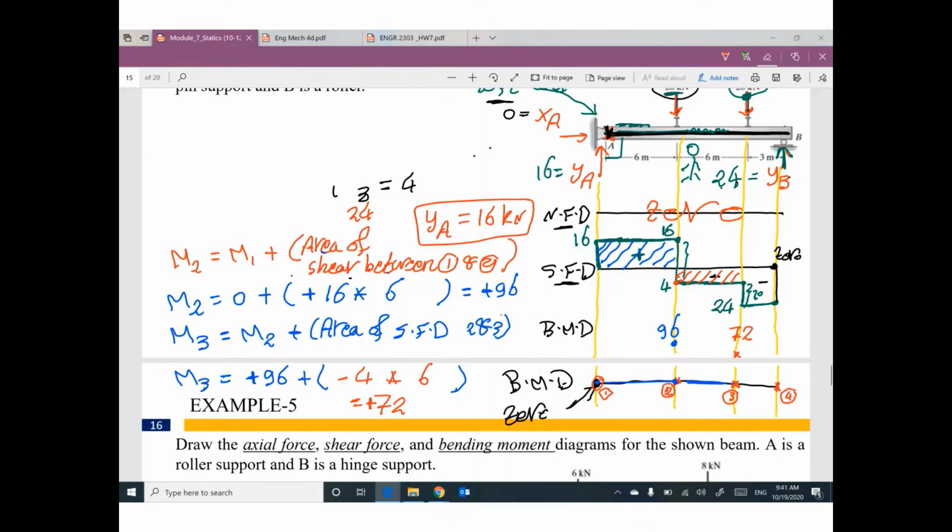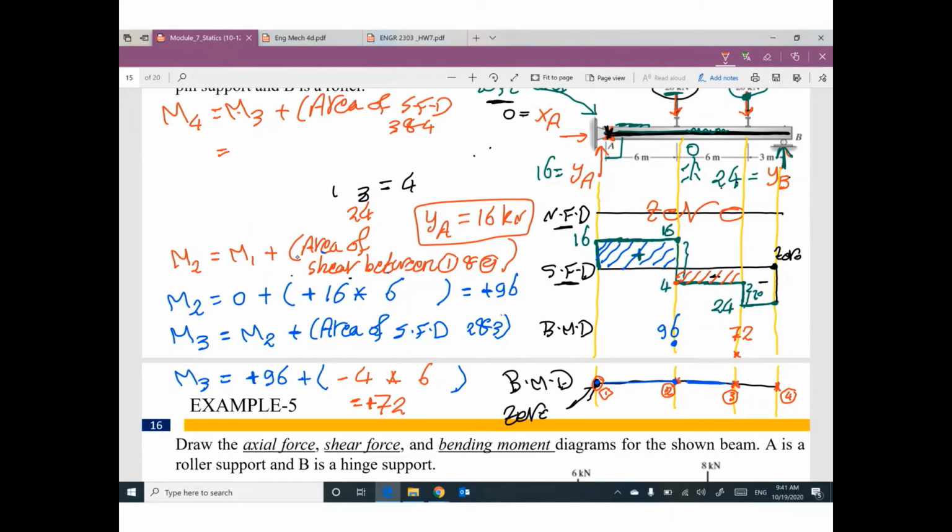Anyway, can anybody tell me what is the value of M4? M4 equals the previous value M3 plus the area of the shear force diagram between 3 and 4. What is the previous value for M4?